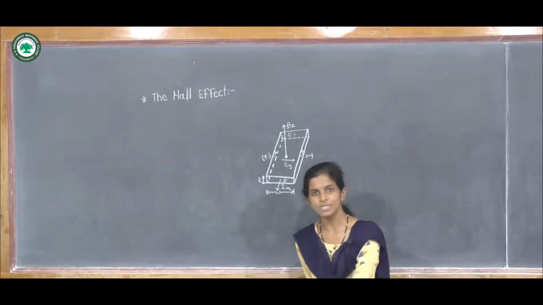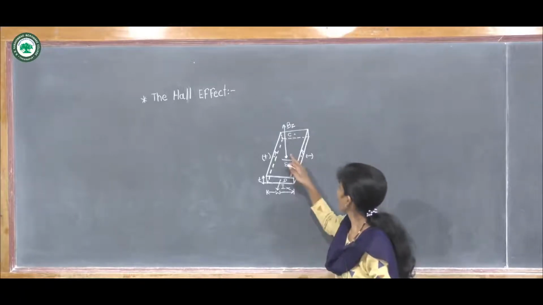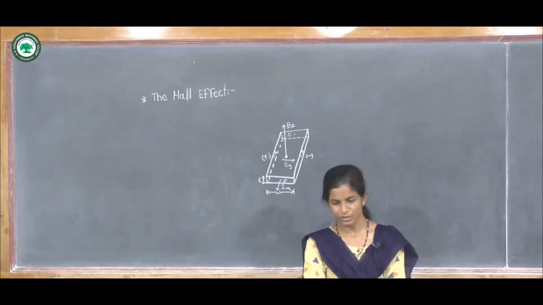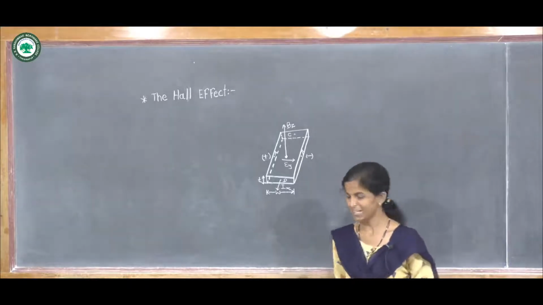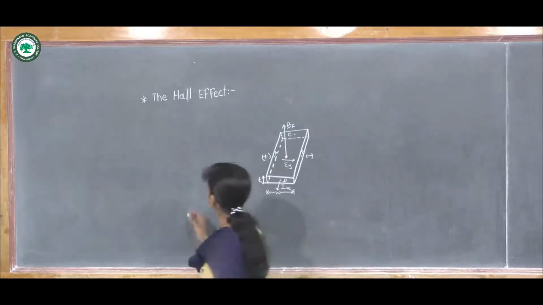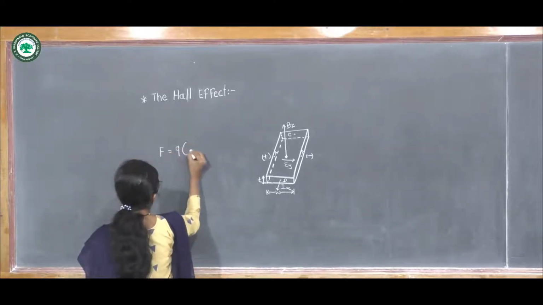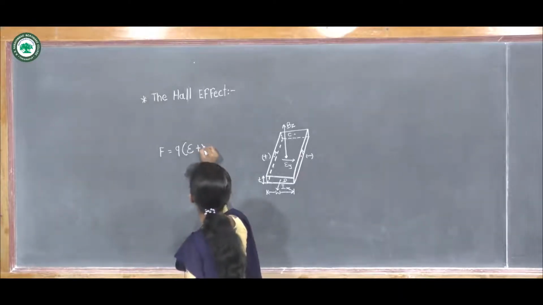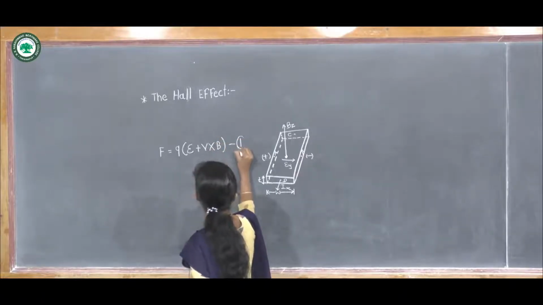So the path of holes tends to be deflected due to the application of the magnetic field, and the total force, that is Lorentz force, which is acting on holes due to electric and magnetic field, is given by F is equal to Q into epsilon plus V cross B. So this is equation number 1.